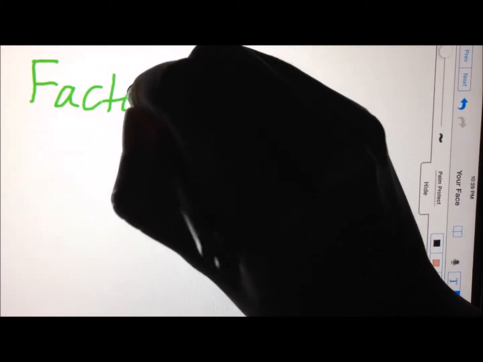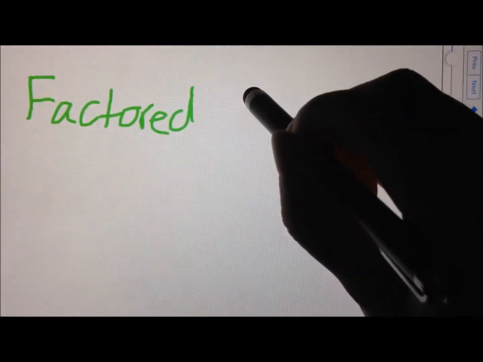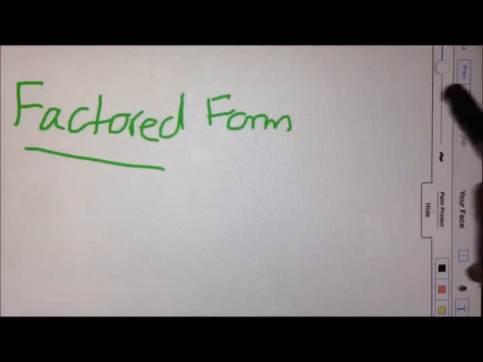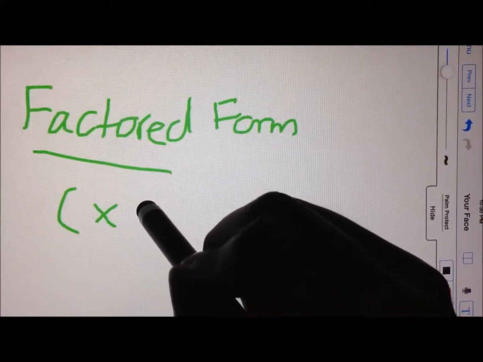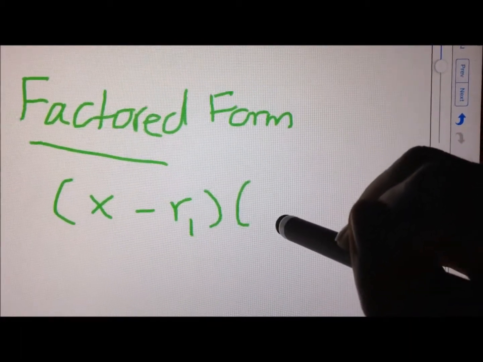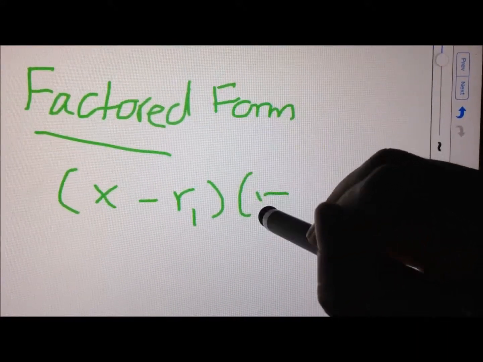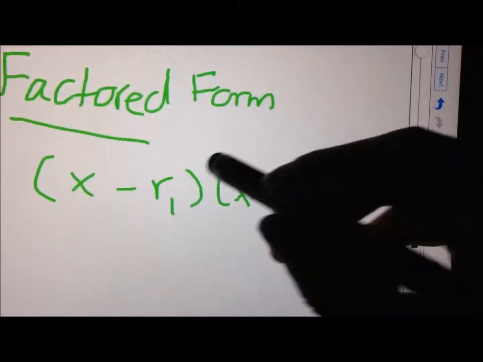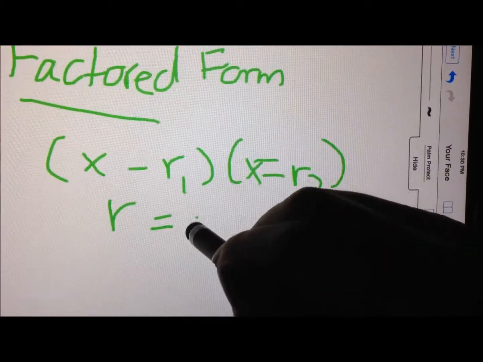So now there is one last form, and it is called the factored form, where (x minus r1) times (x minus r2), and the r's stand for roots.